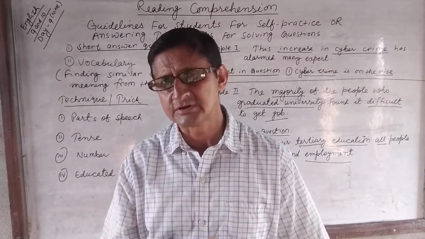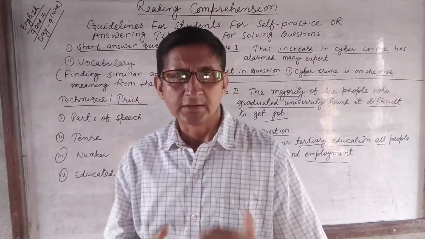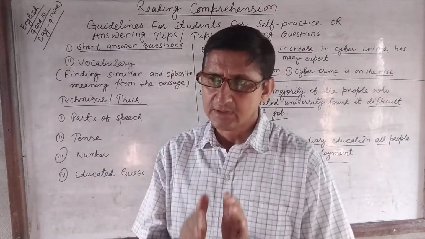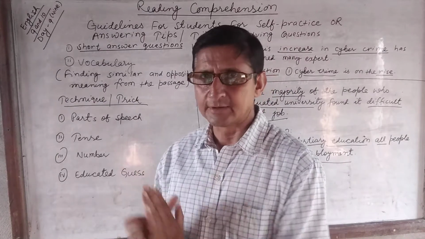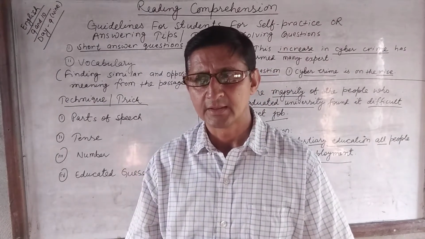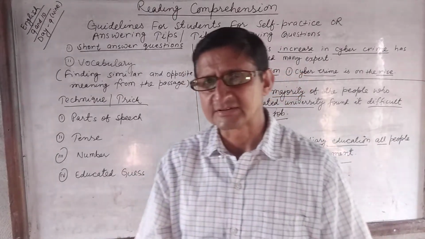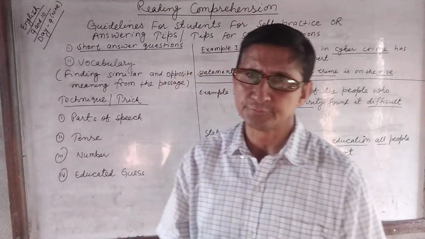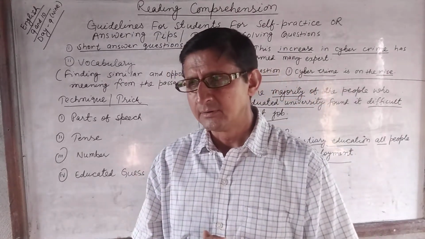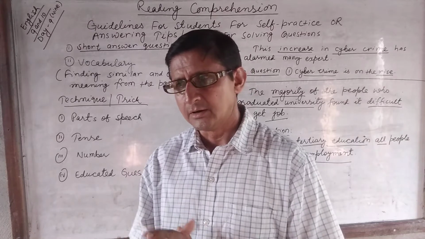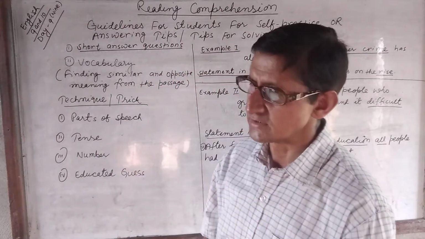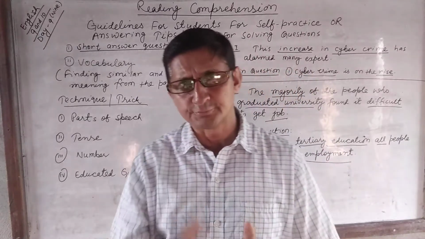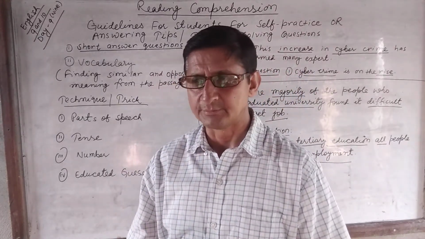If the question starts with how old, you have to find out age of somebody or something. If the question starts with how many, you have to find out number of somebody or something. If the question starts with how much, you have to find out amount of something.